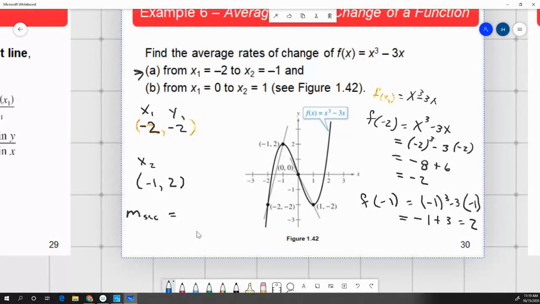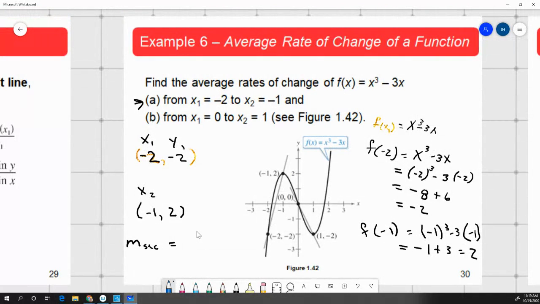So we can do y1 or y2, doesn't matter. But let's do y2 minus y1. So if I do that, I've got 2 minus -2, right? Because it's already 2 minus, but I'm subtracting it from a negative. And then we have -1 minus -2, right?